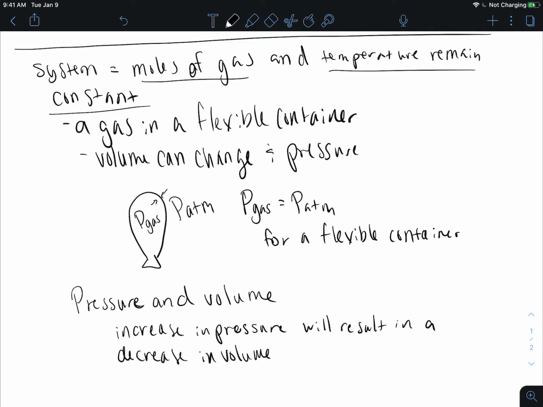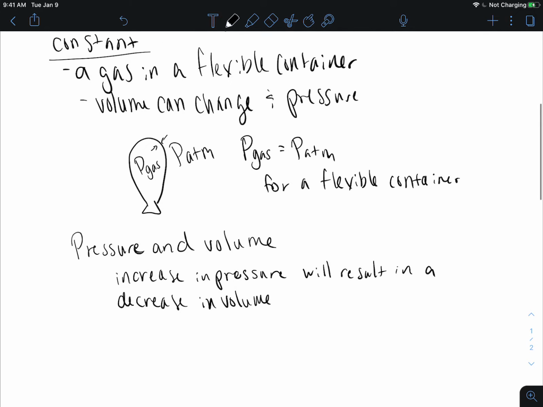Okay, so as we take our balloon and we apply pressure to that balloon, so our atmospheric pressure becomes greater, the volume of that balloon becomes less. And then vice versa, a decrease in pressure results in an increase in volume. So if you lessen the atmospheric pressure, your balloon is going to become larger.